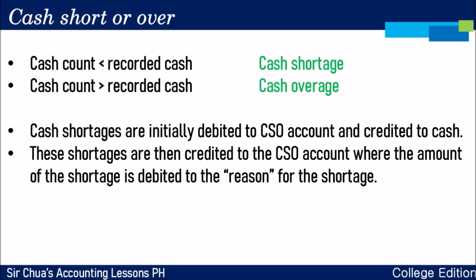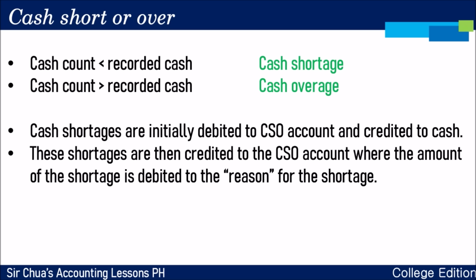However, upon investigation, malalaman nyo kung bakit nagkaroon ng shortage eh. Okay? Remember that the cash short or over is only a temporary valuation account. Kailangan yung cash short or over, matanggal mo yan, tas mailagay mo sa proper account kung ano yung totoong nangyari. Okay? So, these shortages are then credited to the cash short or over account where the amount of the shortage is debited to the reason for the shortage.